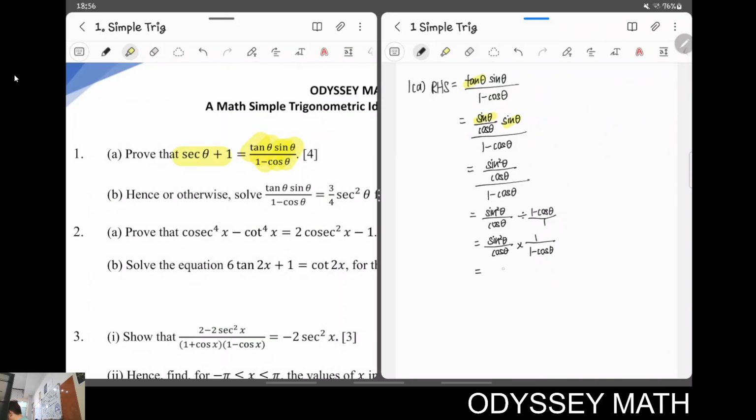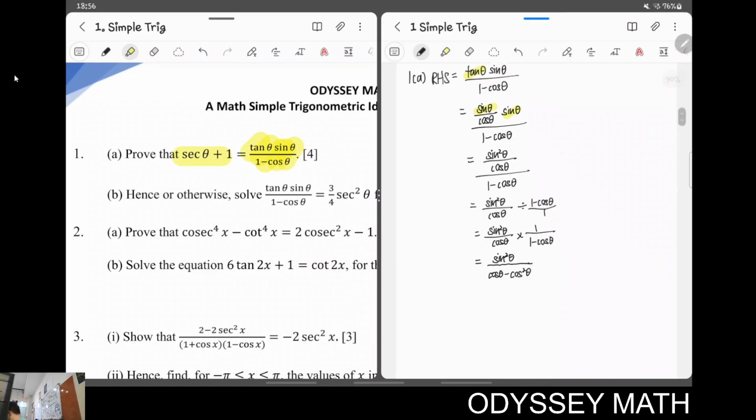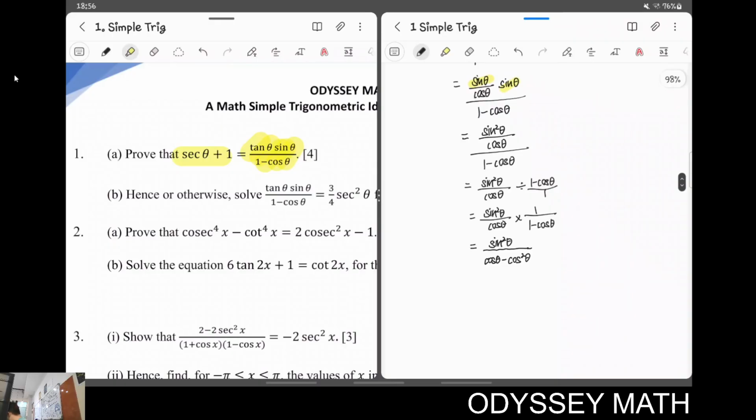And then we have sine square theta over cosine theta times, cosine theta minus cosine square theta. Now, I'm sorry, can you erase this? I would love to leave it as cosine theta bracket 1 minus cosine theta. So again, sometimes you will realize that you did an extra step, but later you realize you have to factorize. It's normal.